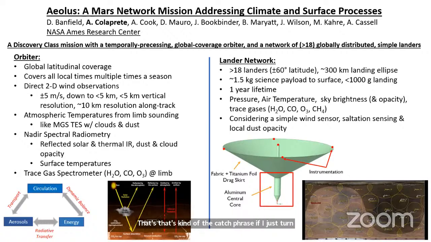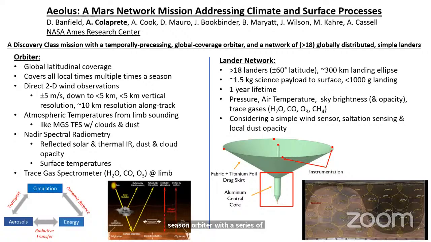Turning to the orbiter part at the bottom, I put some figures that suggest we're looking to understand the force and response of the atmosphere, the aerosols, the energy transport, and the circulation. We're doing that with global coverage from a precessing orbiter, so it covers all local times, multiple times in a season, with a series of instruments.